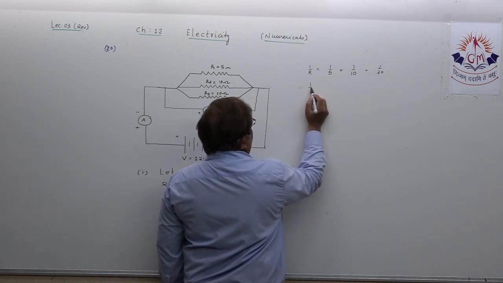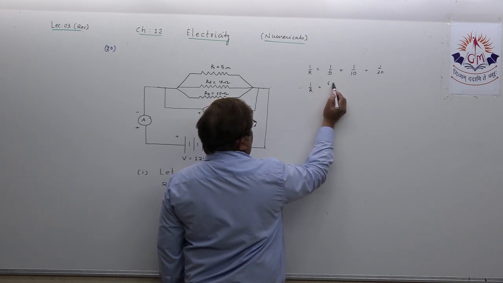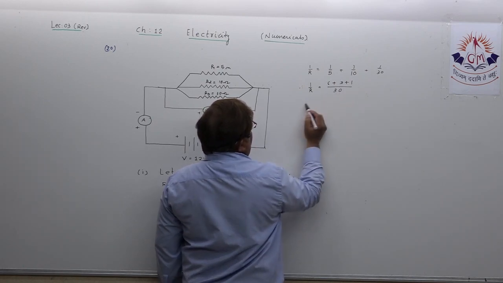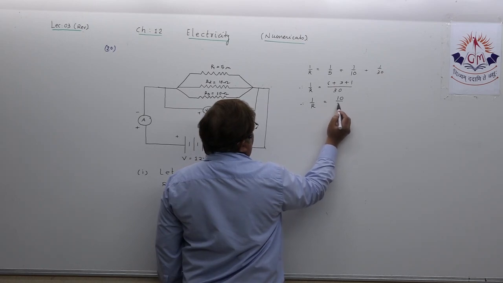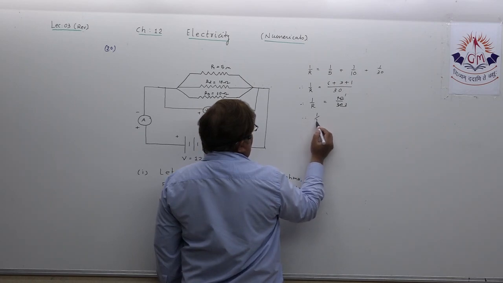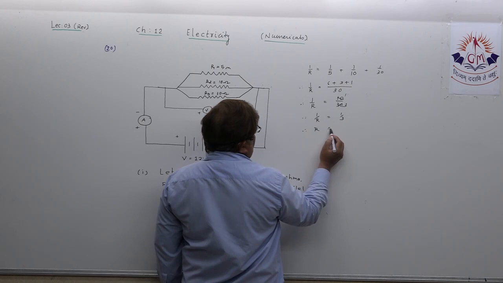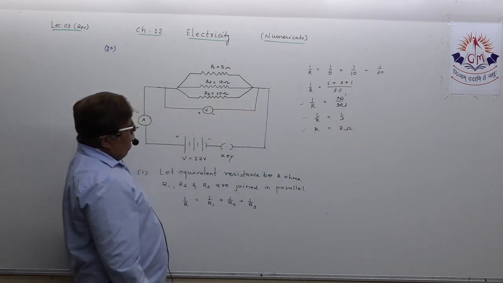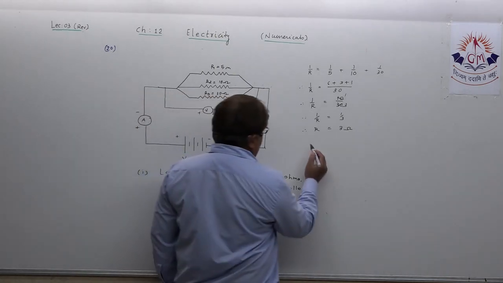Simply 30 is the LCM, as you know. Directly you can do 5 sixes are 30, 10 threes are 30, plus 1 upon 30. 1 upon R equals 10 upon 30. Just cancel it. So 1 upon R equals 1 upon 3. R equals 3 ohm. We got the total resistance in the circuit.